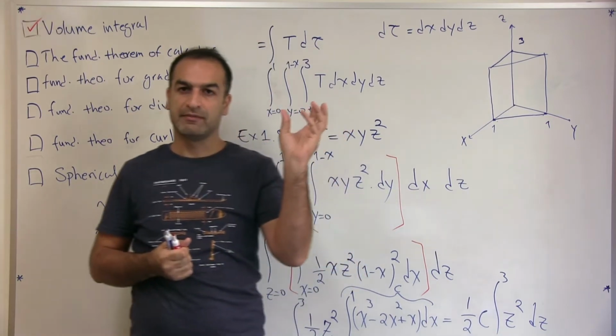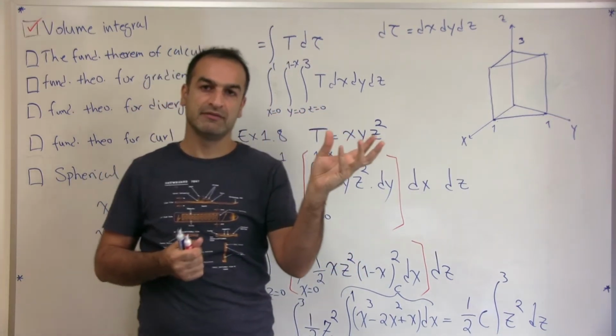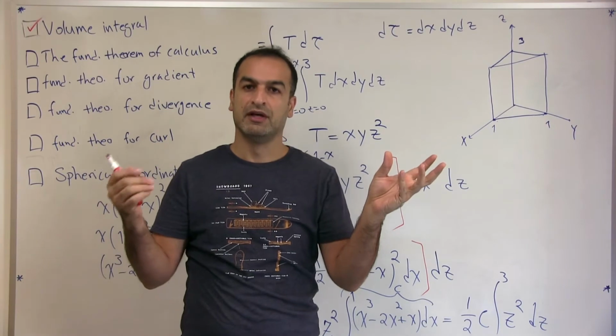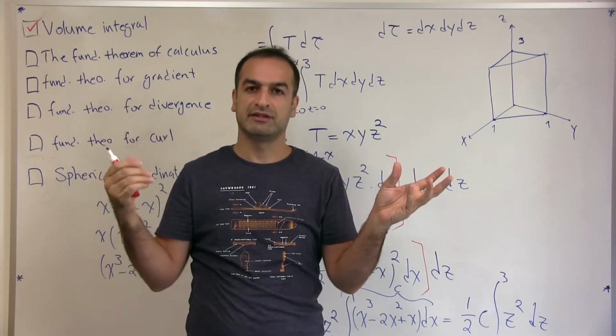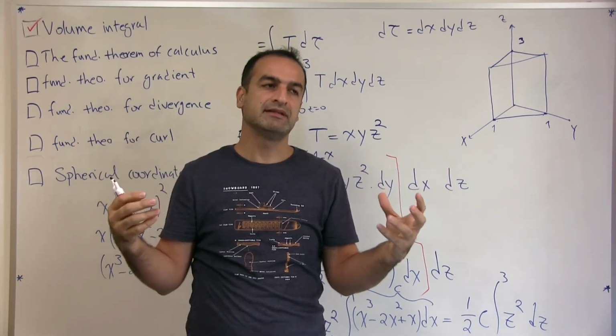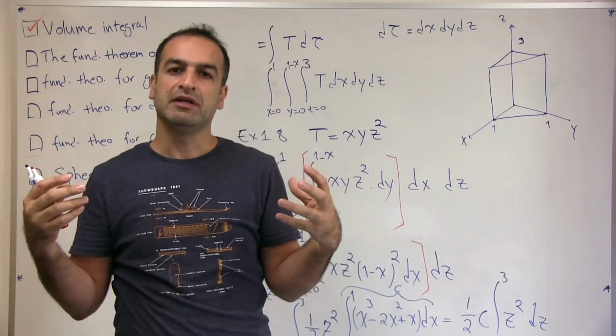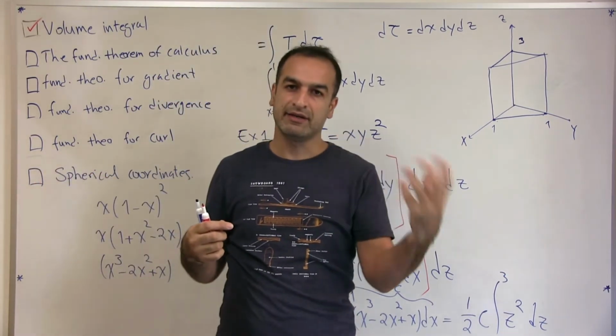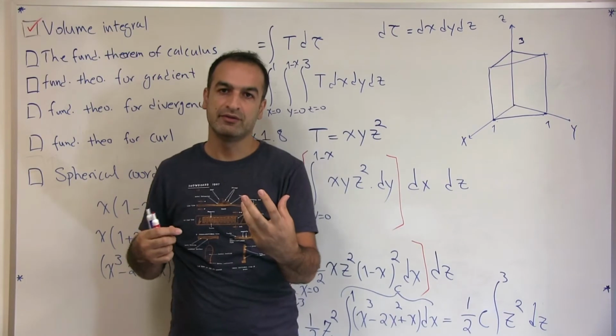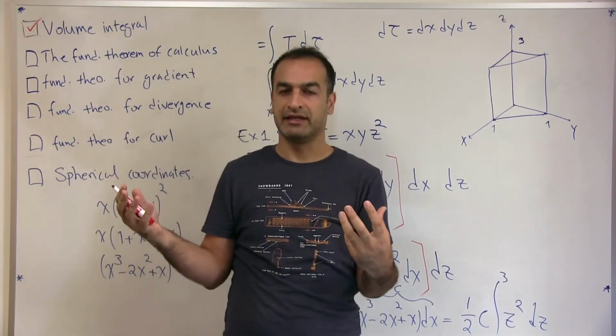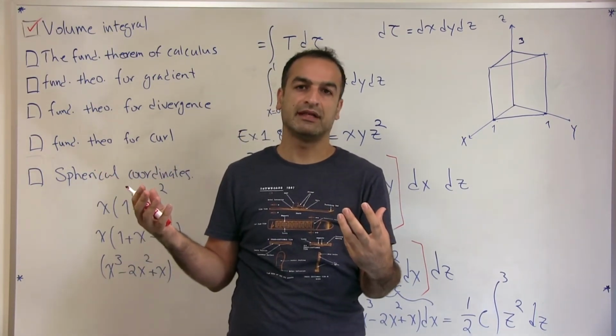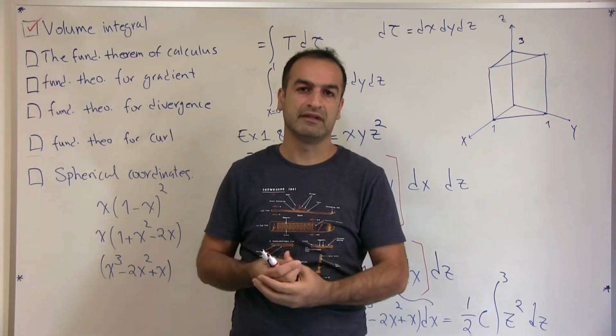So starting from the simple one-dimensional derivative, we are going to move on to gradient, divergence, and curl. And here the basic idea is this. We want to relate the integral of a derivative to the boundary values, okay?